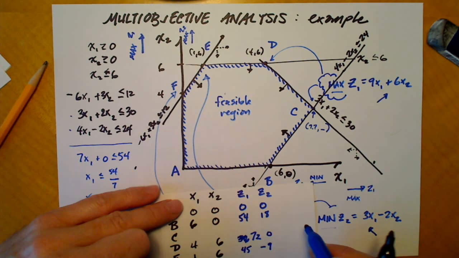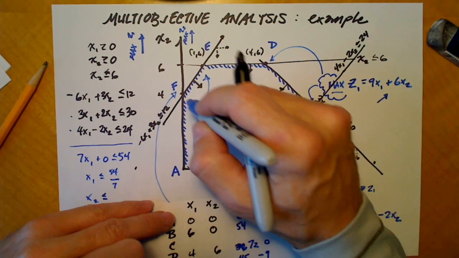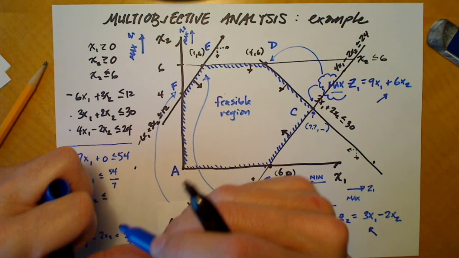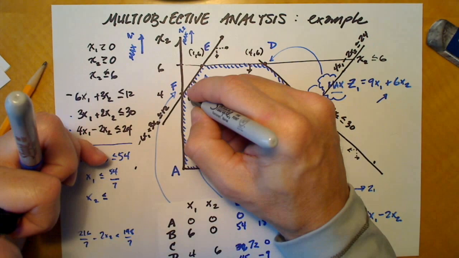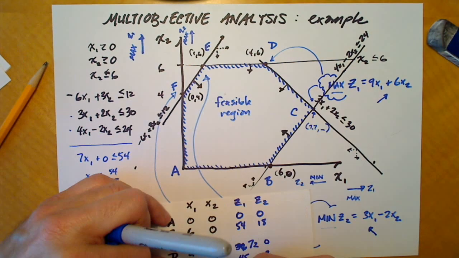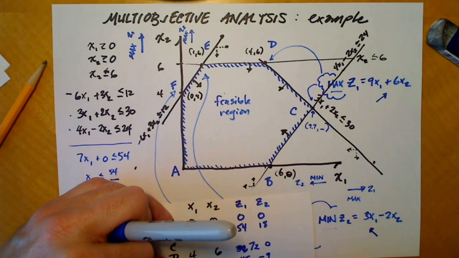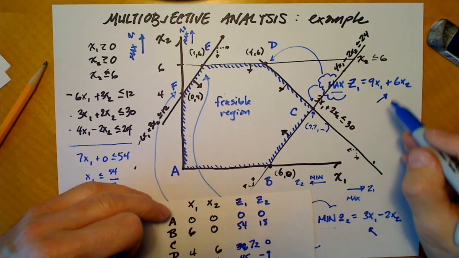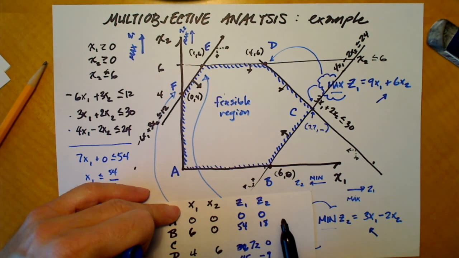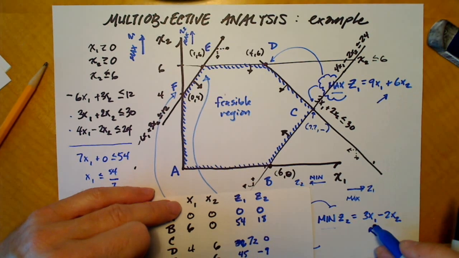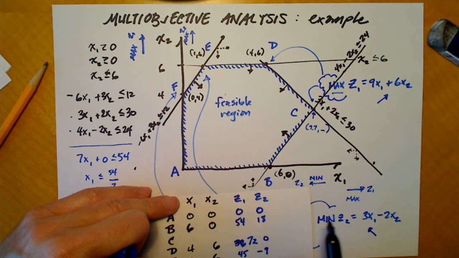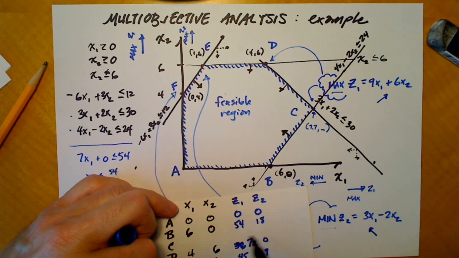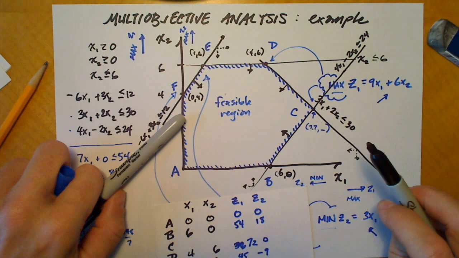Let's look at F. F is 0, 4. For Z1, 24, and for Z2, negative 8. C is not a consideration for Z2.